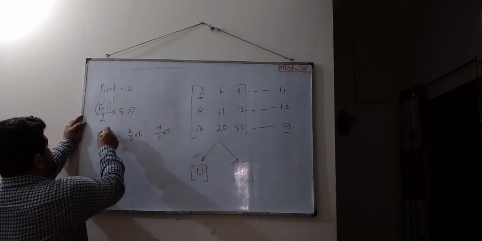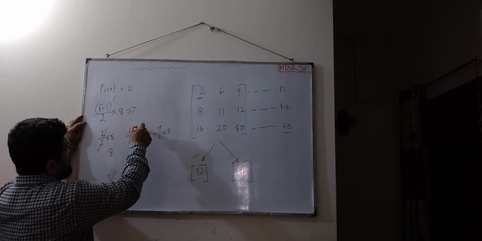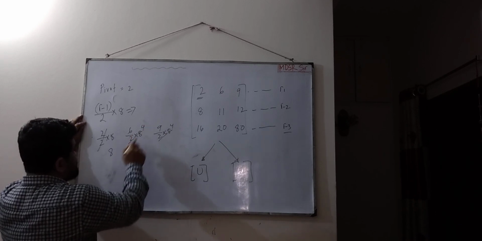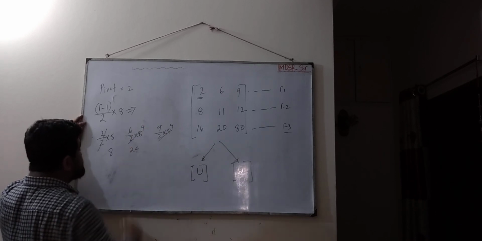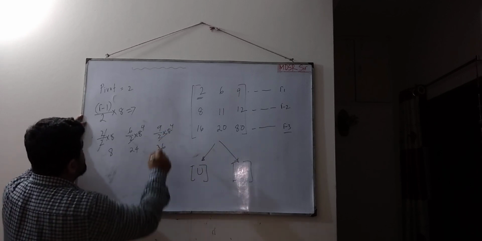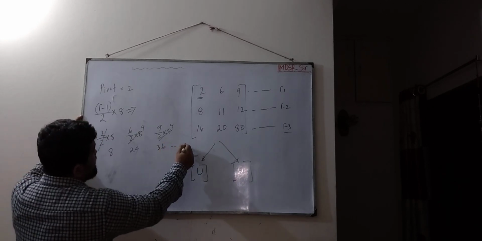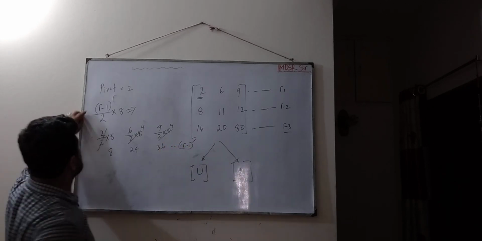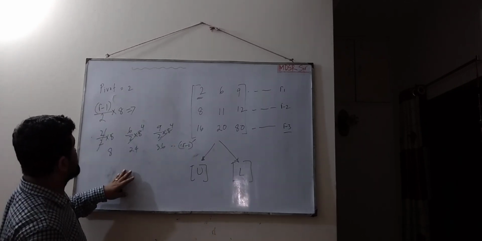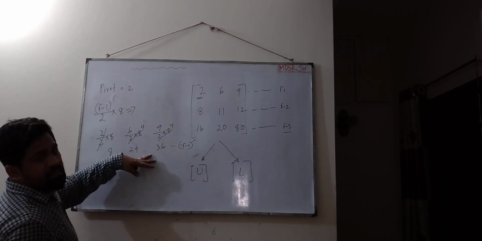So the first becomes 8, then 24, and 36. This is the modified row 1, so we can call it row 1 prime.